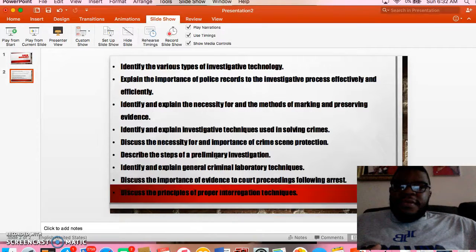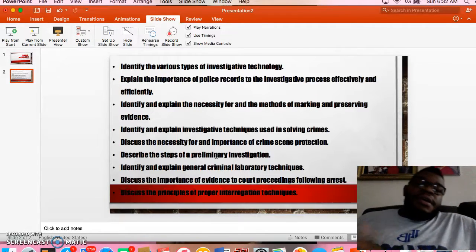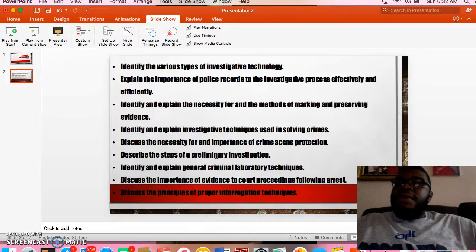And discuss the principles of proper interrogation techniques. So when going to interrogation, there's usually going to be two people going into that investigation. One person is going to have the role of asking questions during that interrogation, and the other person is going to be in there just to simply be a witness of what the suspect is saying. And there are different techniques you can use when interrogating a suspect.